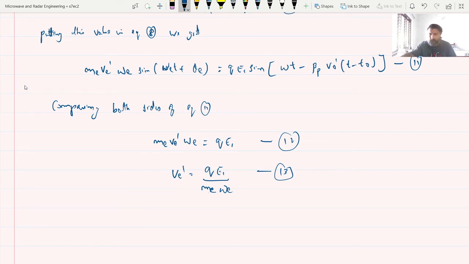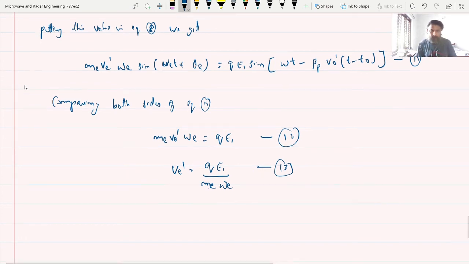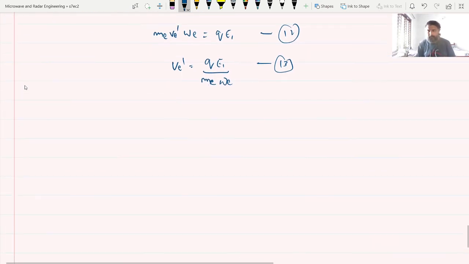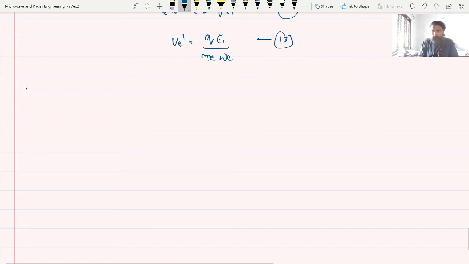So, what happens? Equation 13 is nothing but the velocity of the electron beam, that is directly proportional to the magnitude of the electric field intensity E1.